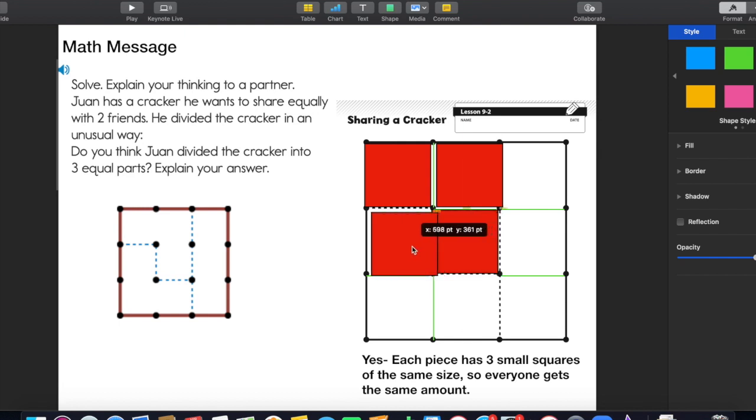And then I notice that this person's share is made up of 3 more squares, and those are the same size. So if this share is 3 squares of the same size, which is this share, which is 3 squares of the same size, let's check what fits in the other person's share.